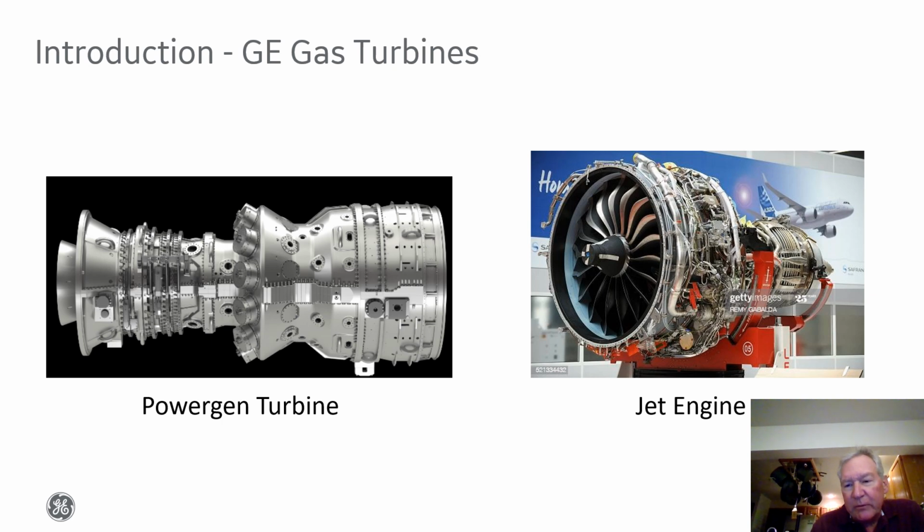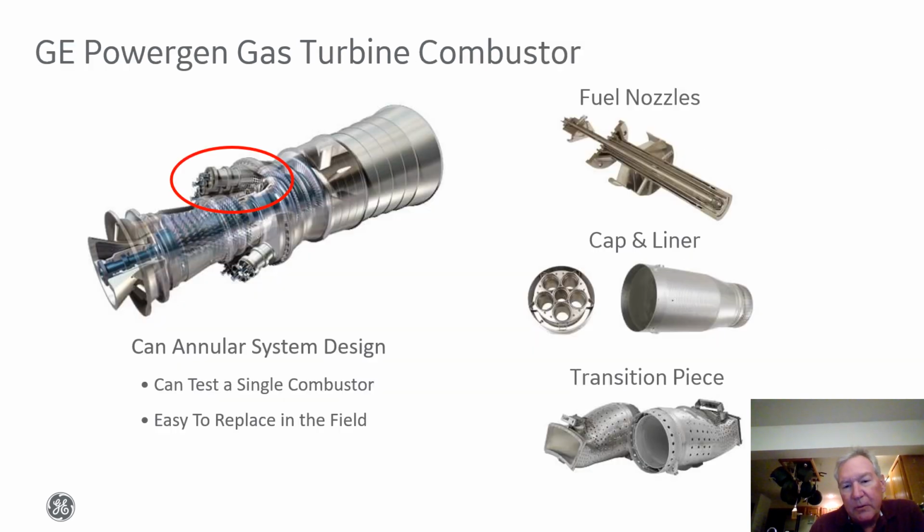Now, the combustion chambers, the combustion systems for these two devices are quite different. And I'll show an example for the Powergen gas turbine first. In GE's heavy-duty gas turbines, we tend to use what we call a can-annular system. So the combustion chambers are actually oriented around the periphery of the machine and as individual cans that then feed into an annulus that enters the turbine.